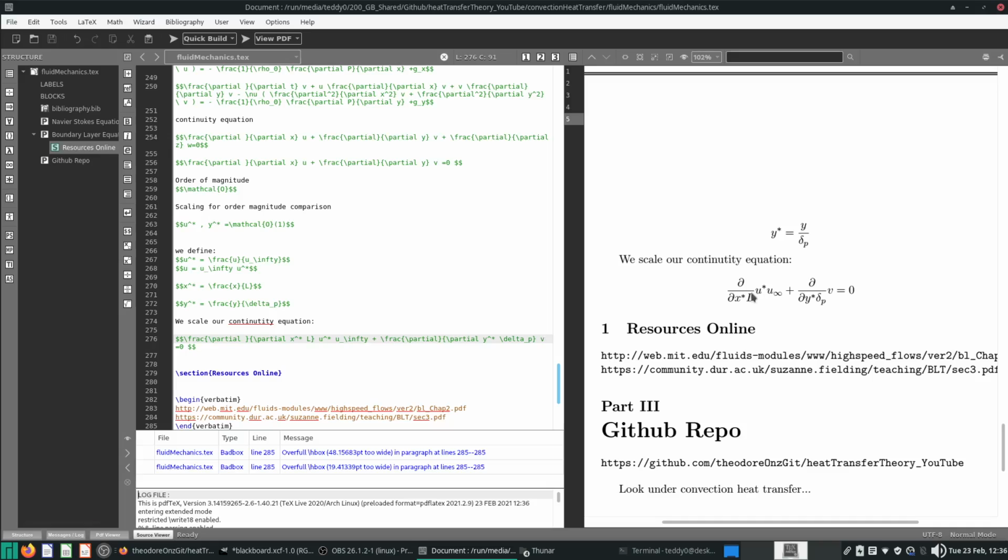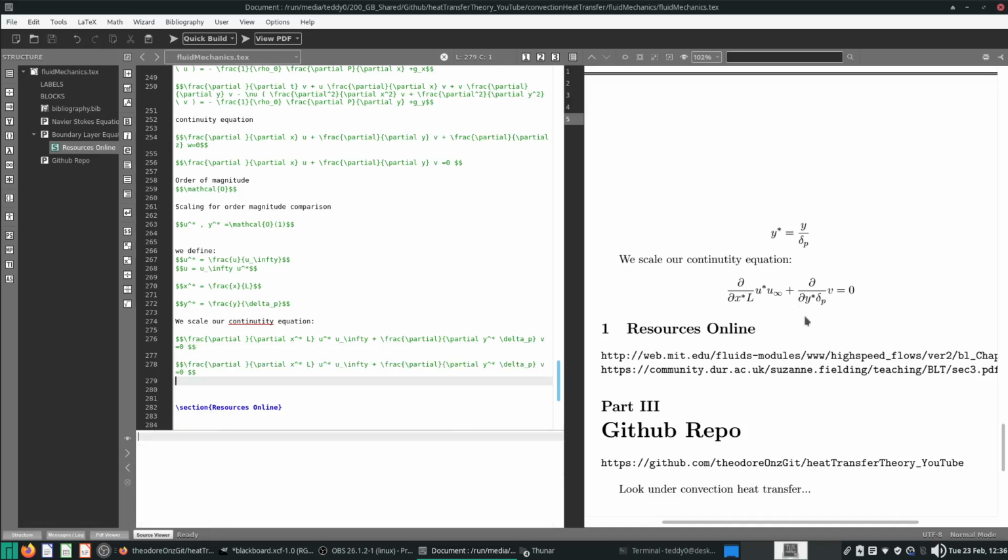Let's first factorize out the constants. The constants here are L, u infinity, and delta p, the momentum boundary layer thickness. L does not vary with x; it is just how long the flat plate is.